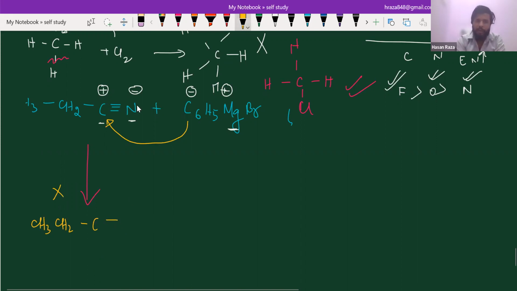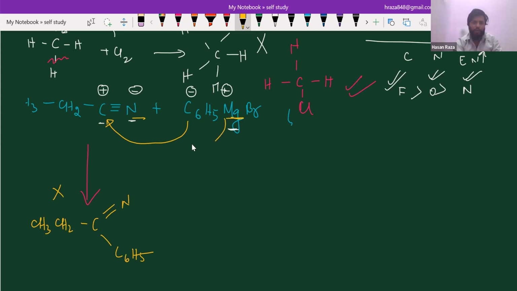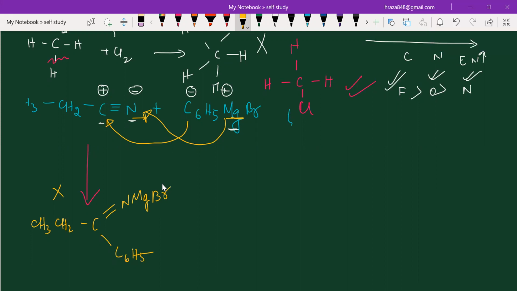Now it will be a double bond between carbon and nitrogen, and then C6H5 can adjust with carbon. Now you can see this is positive, this is negative. So this positive will go to nitrogen and it will form MgBr. Is that clear? Yes, sir.